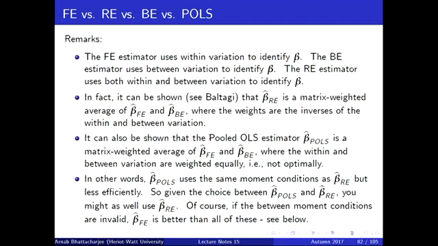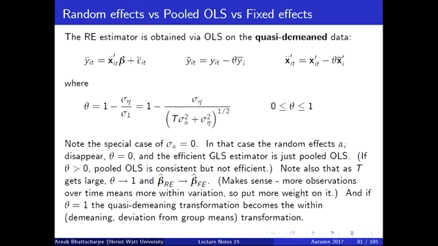So the between estimator uses only between variation. So what does the random effects estimator do? It uses both within and between variation, right? That can be seen from several contexts, but also from the context that what you are doing is quasi-demeaning.